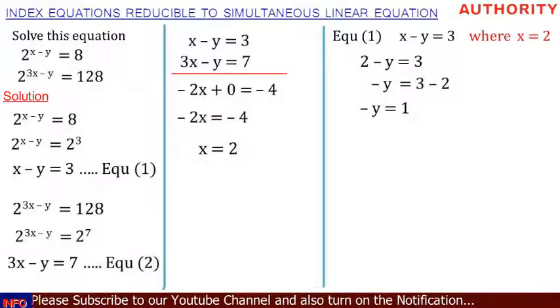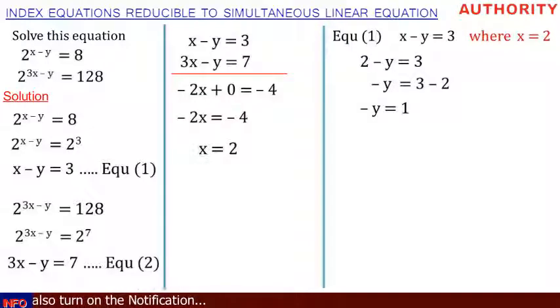We are looking for y, not minus y, so let's divide both sides by minus 1. Minus y divided by minus 1 is equal to 1 divided by minus 1, which is minus 1. Therefore, y is equal to minus 1.